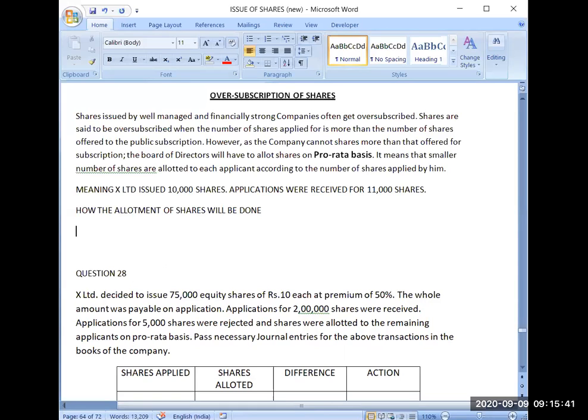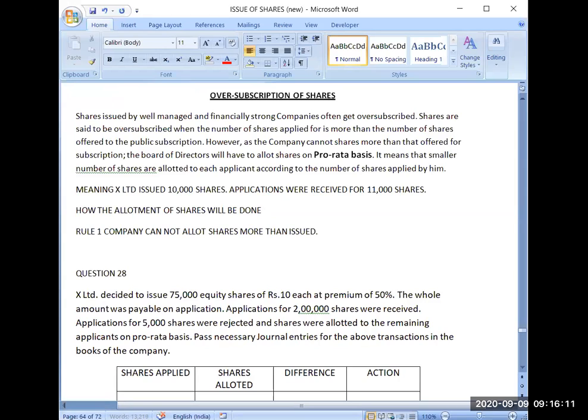Now in this case, when you are receiving applications for 11,000 shares, the first rule is that the company cannot allot shares more than issued.